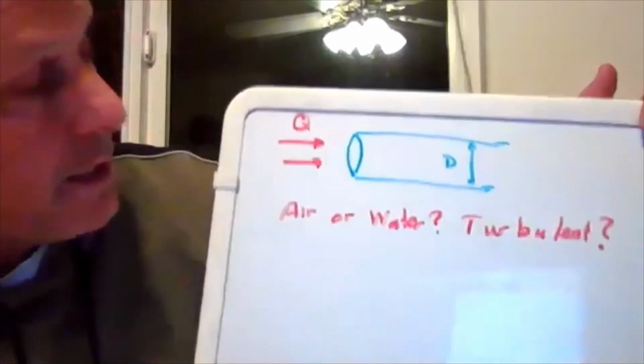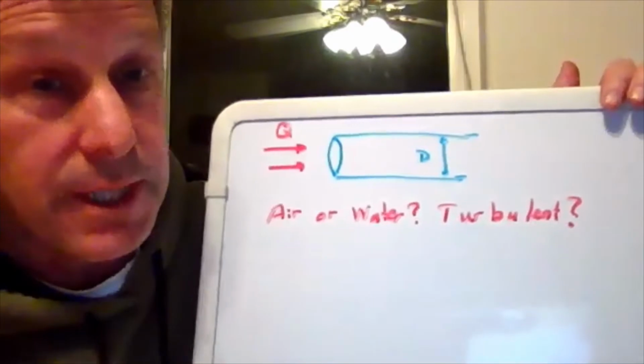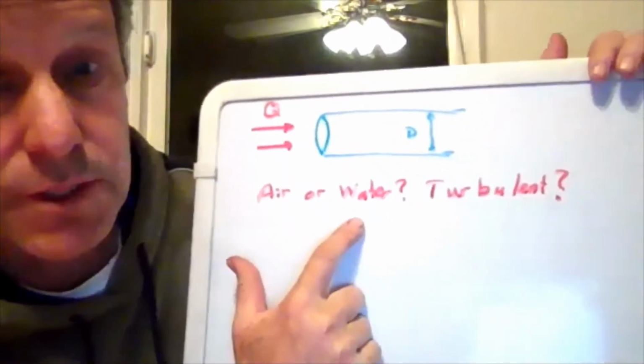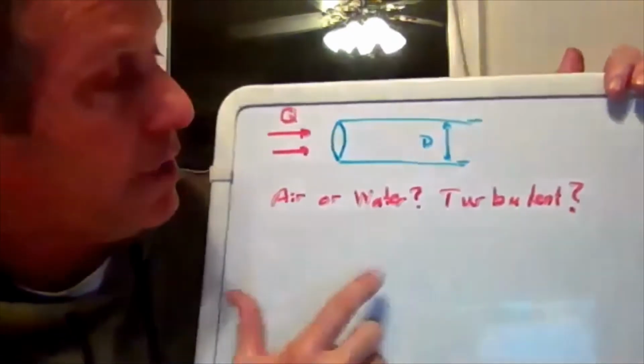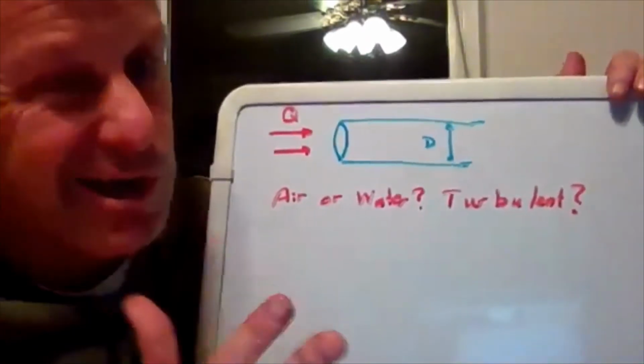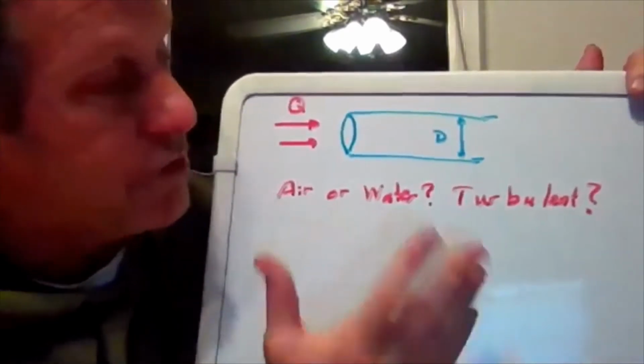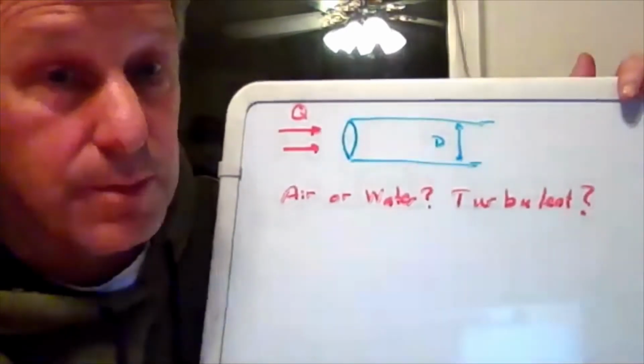Now, there's a way to get clearer on likelihood of turbulence, and in particular, address this sort of question, which can be challenging to our intuition. And that is if we have a certain volume flow rate, let's say like 10 GPM or 100 GPM going through a pipe, and we consider air versus water, which one is more likely to be turbulent?